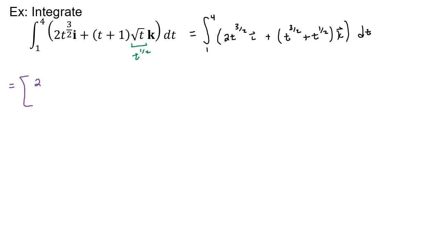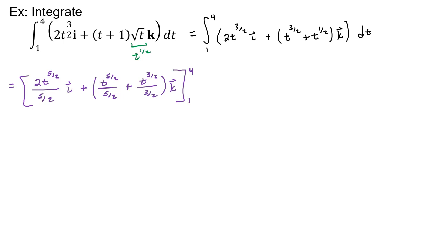I'll add 1 to the power, so that'll give me t to the 5/2 divided by 5/2 i. Then I'll end up with t to the 5/2 over 5/2 plus t to the 3/2 divided by 3/2 on the k, evaluated from 1 to 4.